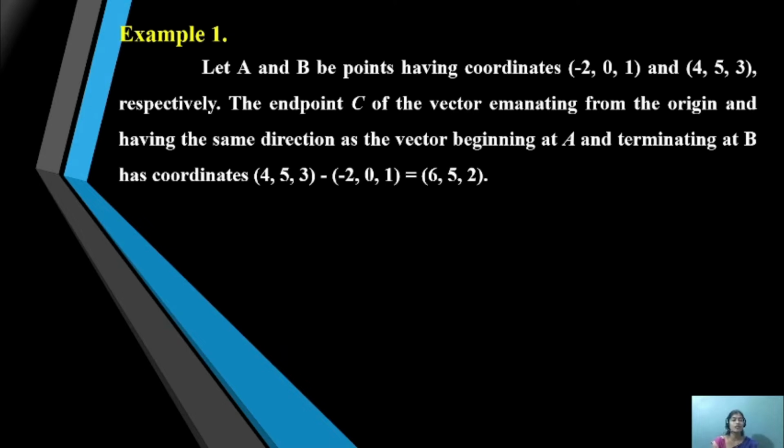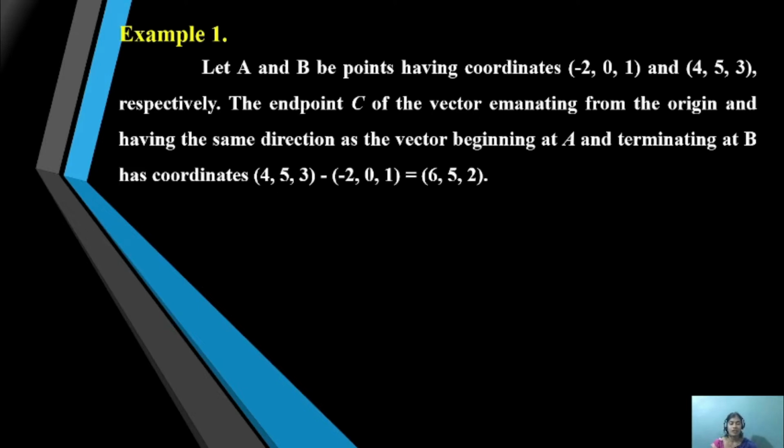The first example: let A and B be the points having coordinates -2, 0, 1 and 4, 5, 3 respectively. The first point A is -2, 0, 1 and B is 4, 5, 3.